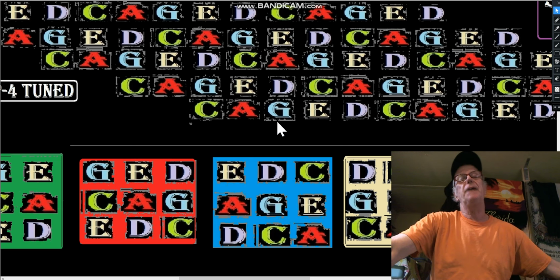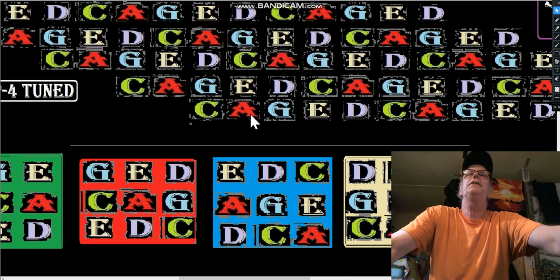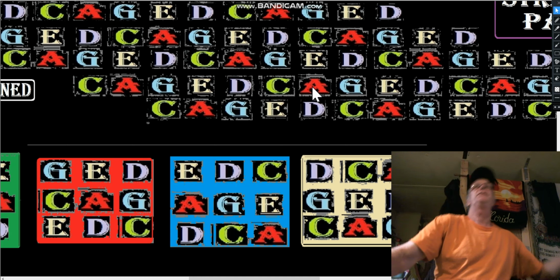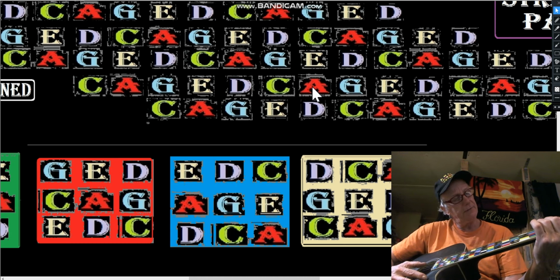So if we look at these now in string shapes, we look at this A string shape right here. This is the 5, 6. Everywhere you look, that's a 5, 6. They're all over the keyboard. Okay, 5, 6.